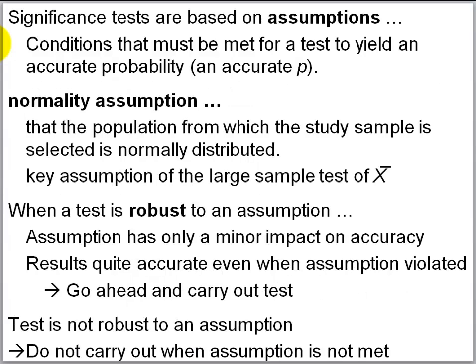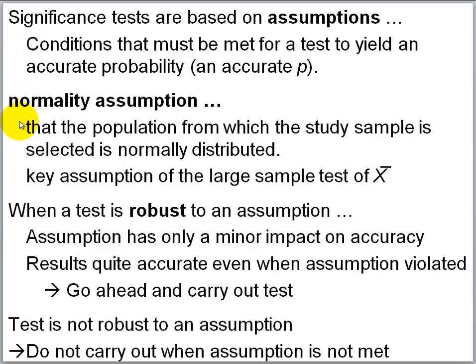Now, prior to jumping in to the large sample test, we need to talk about the notion of assumptions of statistical significance tests. So assumptions are conditions that must be met for a test to yield an accurate probability, an accurate p-value.